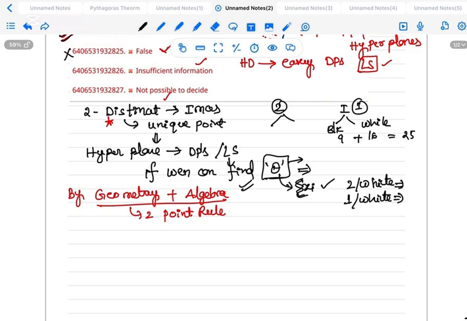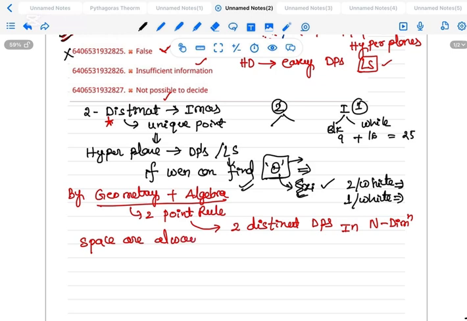What is this 2-point rule? The 2-point rule means two distinct data points in n-dimensional space are always separable.